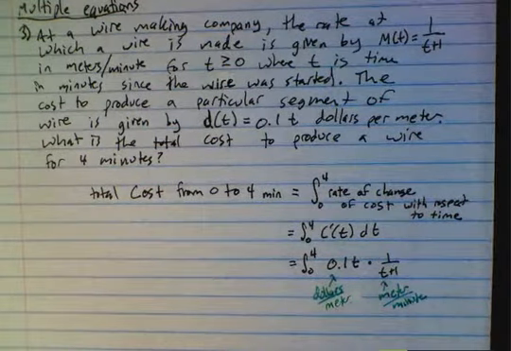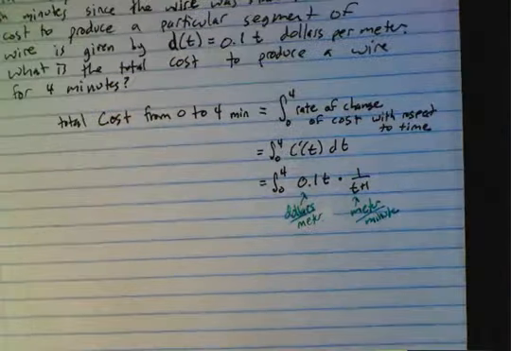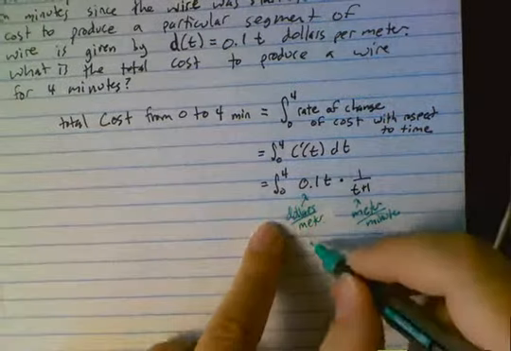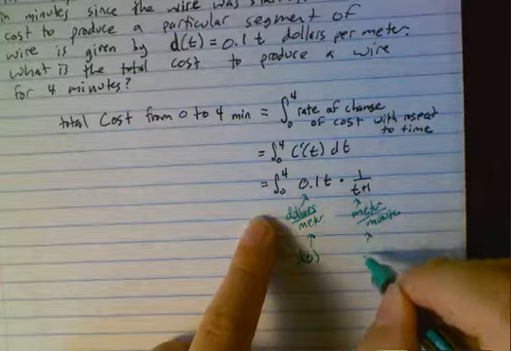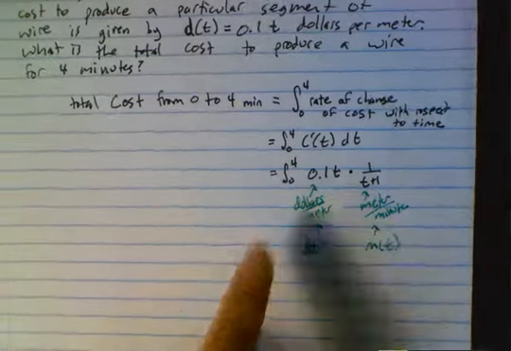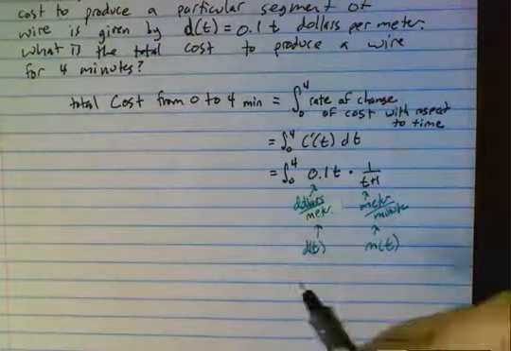Meters per minute, and the units will come out right. Notice that this was D of t, and this was m of t. So we're really just multiplying them together.